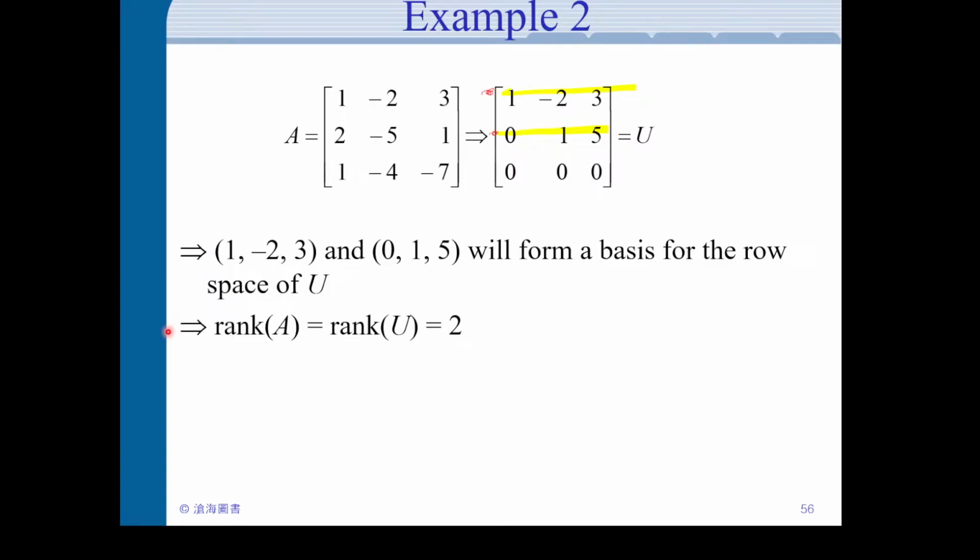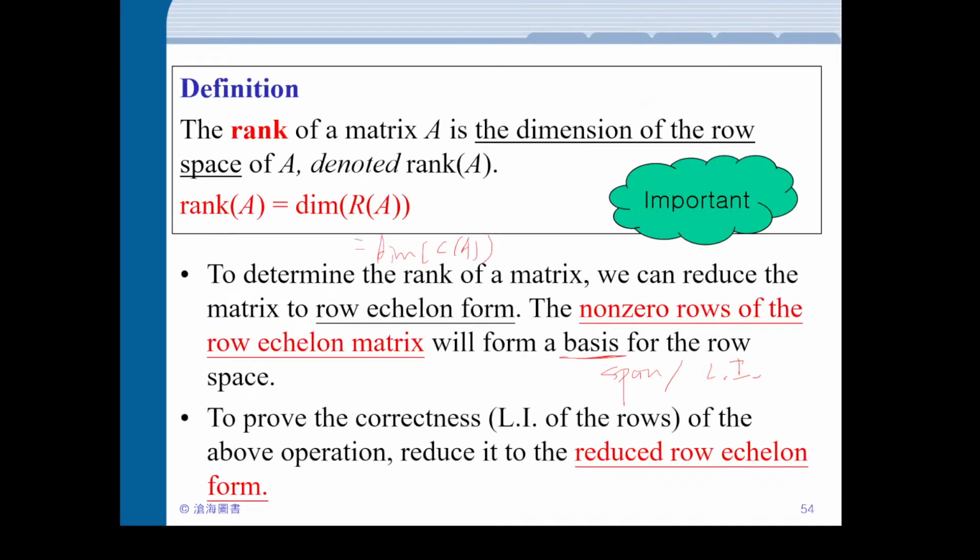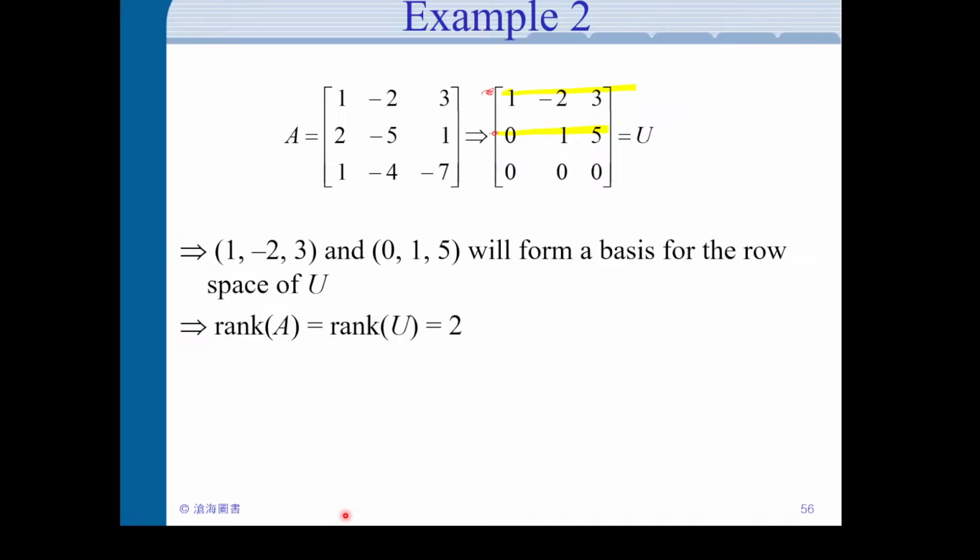If you go to reduced row echelon form, it will be even more obvious because you have 1 here, 0 here, and 1 here, 0 here, and you can quickly convince yourself that you cannot make a non-trivial linear combination of them to make a 0 row. We are a bit hand wavy about this part, but hopefully you can convince yourself quickly. You can write down a rigorous technical proof, but it will be a bit boring.